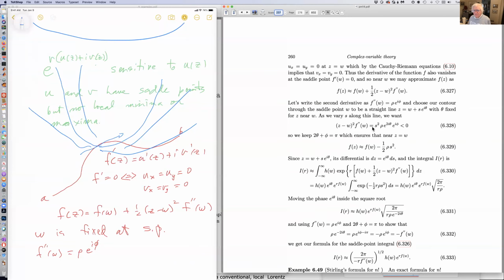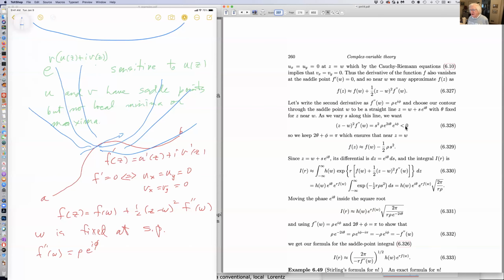Now, near there, f is f of w, which is fixed, and then this quadratic term. What we want is that that quadratic term, where f double prime is rho e to the i phi, if z minus w is s e to the i theta, then this is s squared e to the 2i theta.